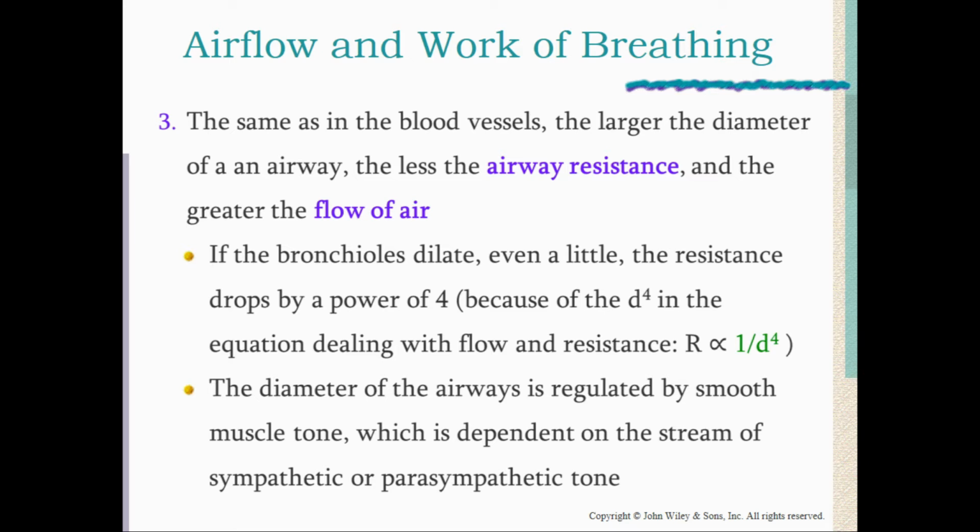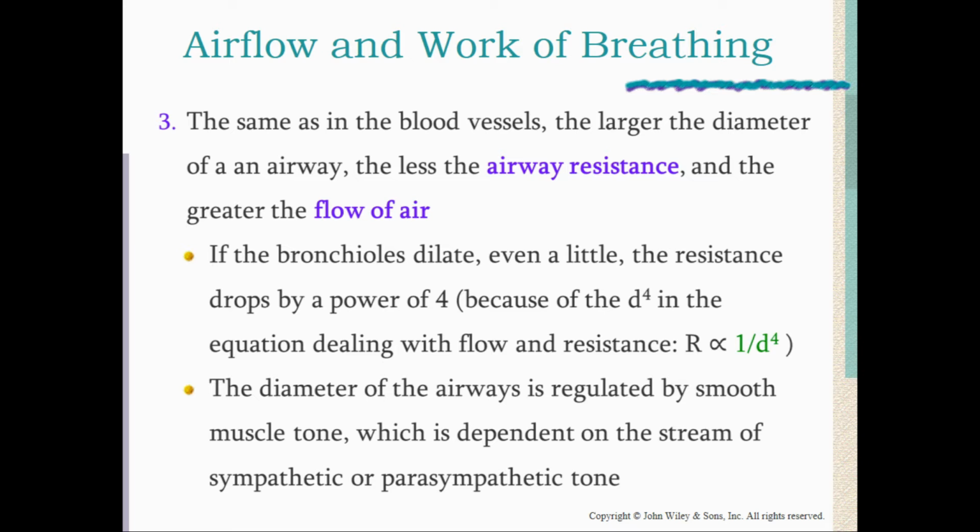Of course, the opposite is true if the bronchioles constrict, and that reduces the airflow. And you can ask anyone with asthma how much of a difference that will make. This is because in the formula, r to the 4th, the radius, is in the equation dealing with the airflow, and so the resistance is inversely proportional to the power of 4 in that formula.